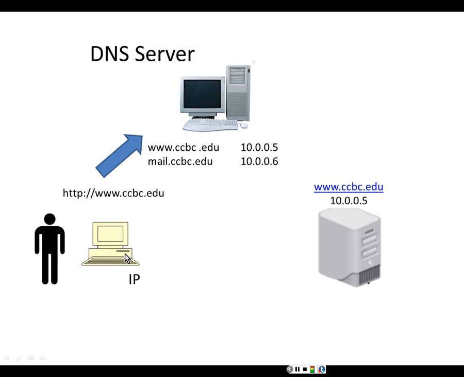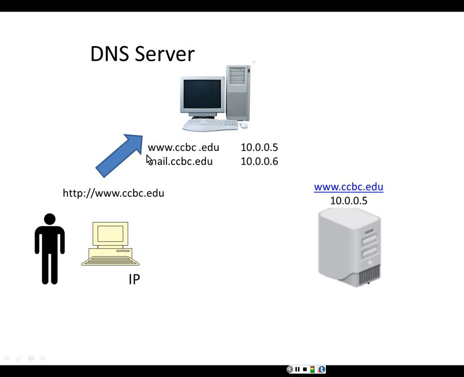So if the user types www.ccbc.edu and presses the enter key, well, the user doesn't know this, but the IP protocol sends a query to the DNS server. The query is a question. The IP protocol says to the DNS server, what's the IP address of ccbc.edu?